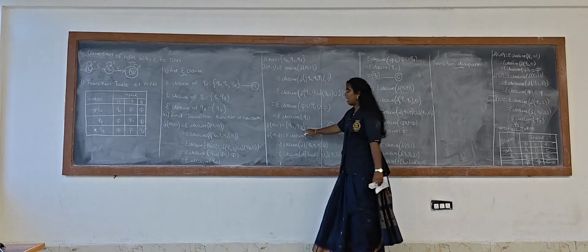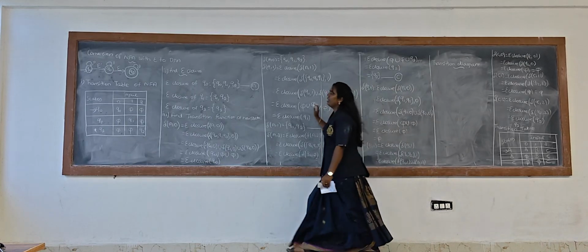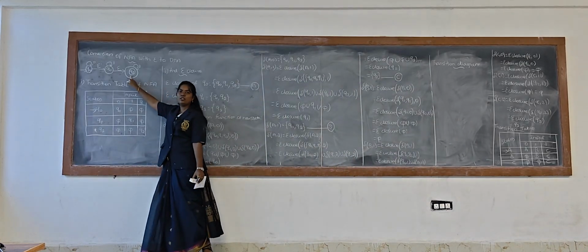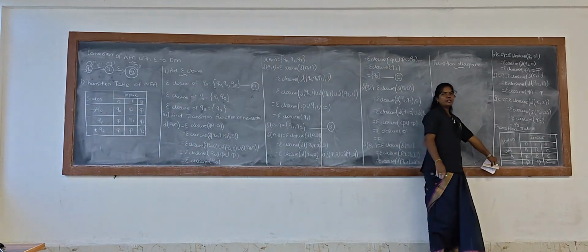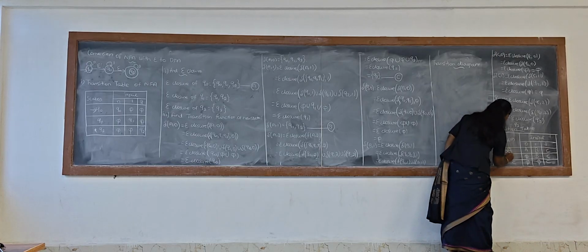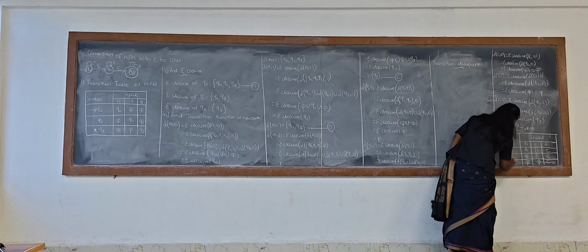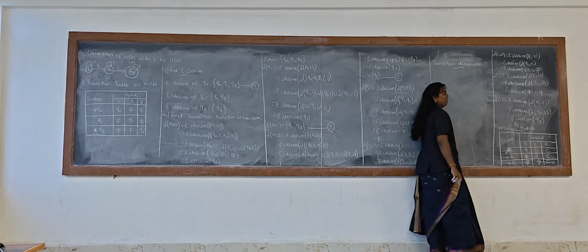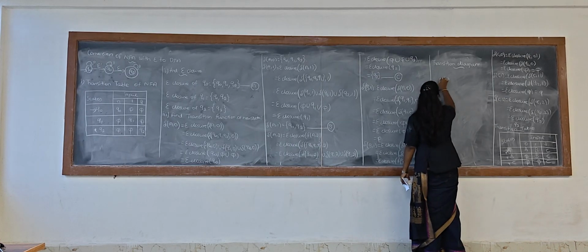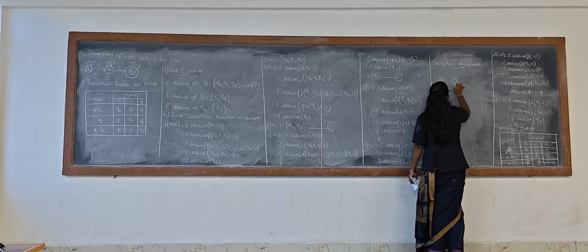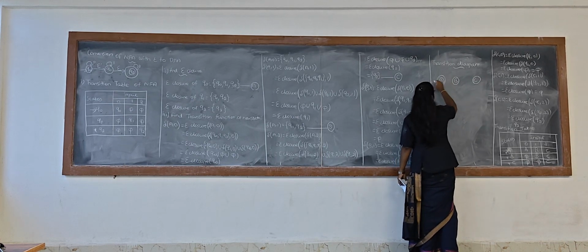In our question we are having Q2 as a final state, so in this DFA all these states we should mark as final states. So A, B and C. A is the initial state and also a final state, and B is also a final state, C is also a final state.